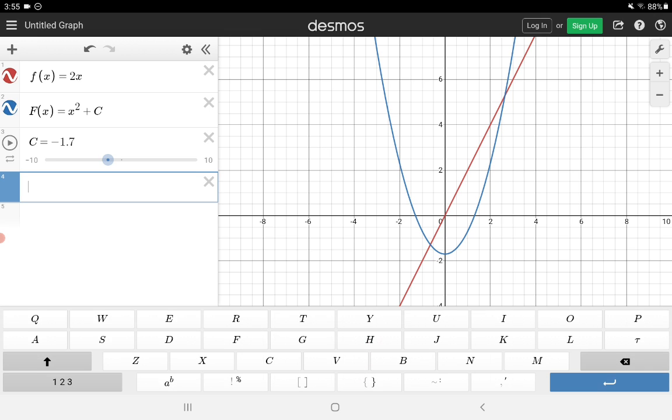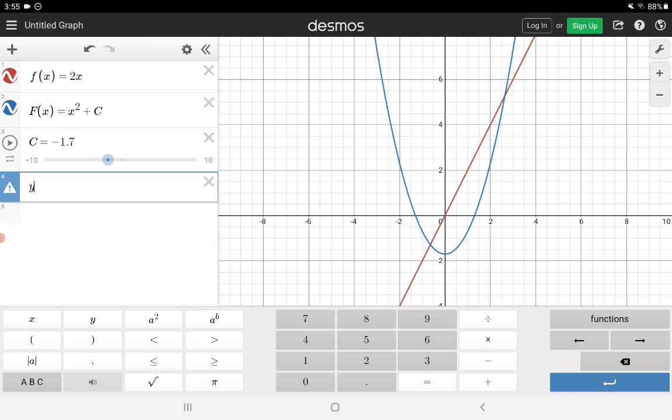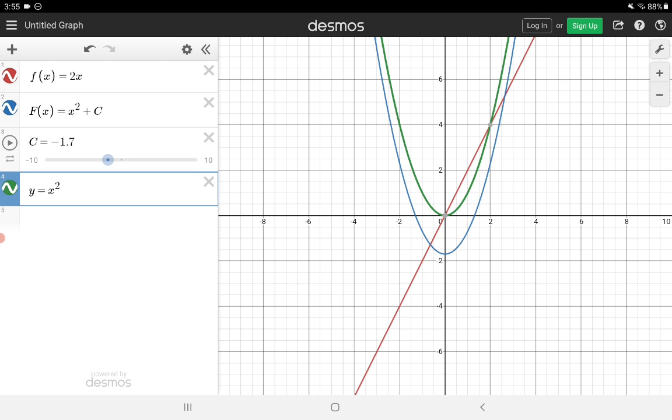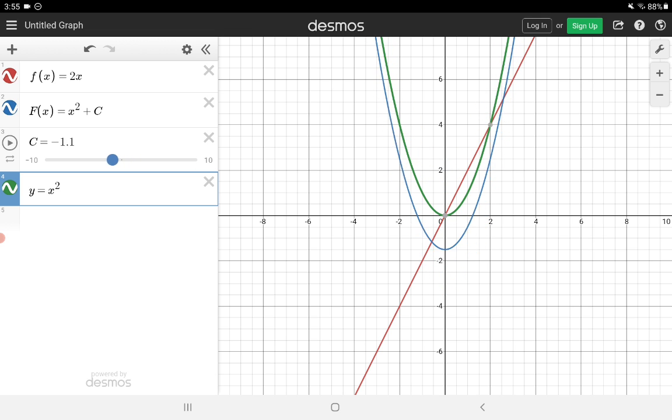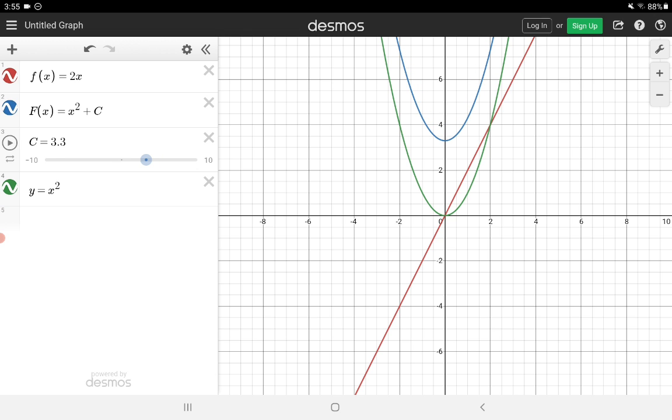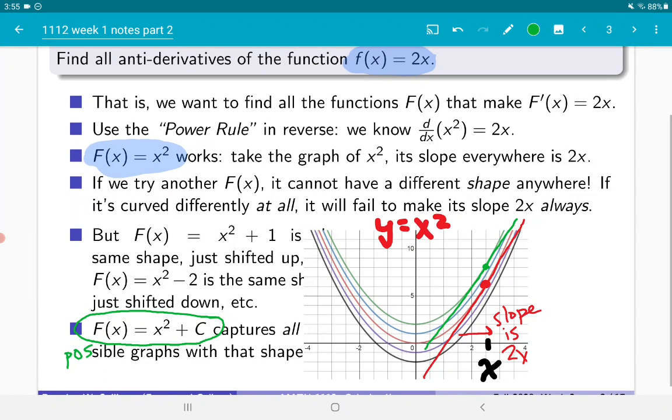Now, just to have something to compare to, I'm going to have y equals x squared itself, just sitting there as something basic to compare against. And look at how as I change that value of c, it's the same curve, but moved up or down. So here I am moving it up a few steps, and I'm moving it down a few steps. But at all points in time, at all x coordinates, that curve will have the same shape as the basic x squared curve, the green one. That's what I'm describing on this slide here.